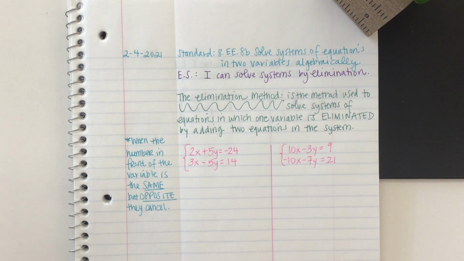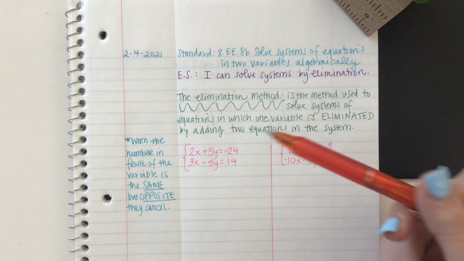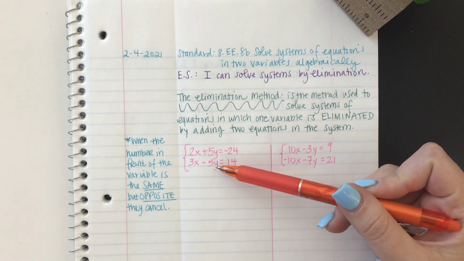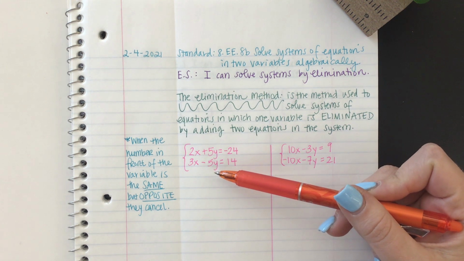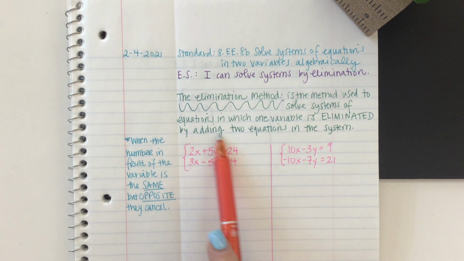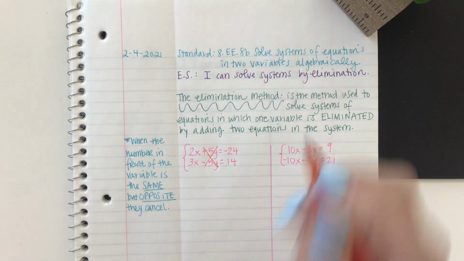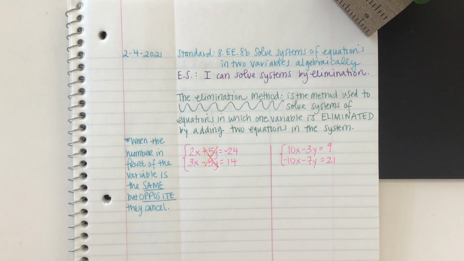So over here on the left-hand side, I wrote when the number in front of the variable is the same but opposite, they cancel. So looking at our first example, I know that we have a 5y and a negative 5y. If we were to add those two equations together, they would equal 0, so they would get eliminated. So you just eliminate them or cancel them out.